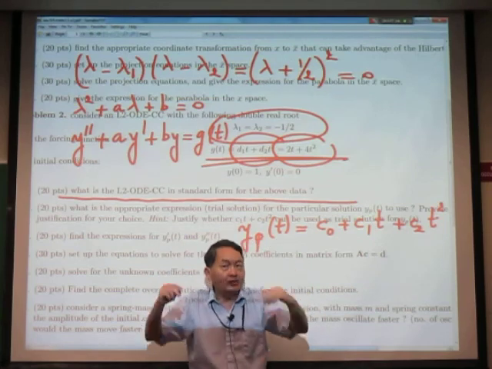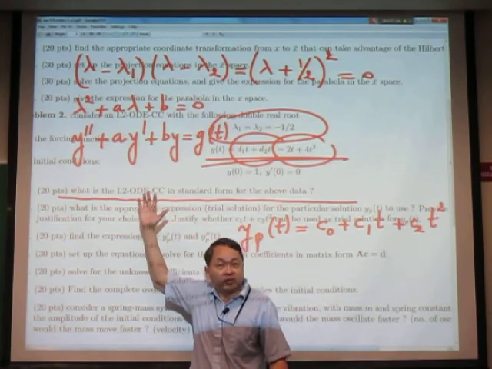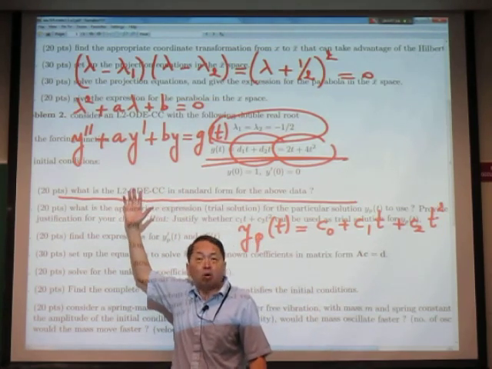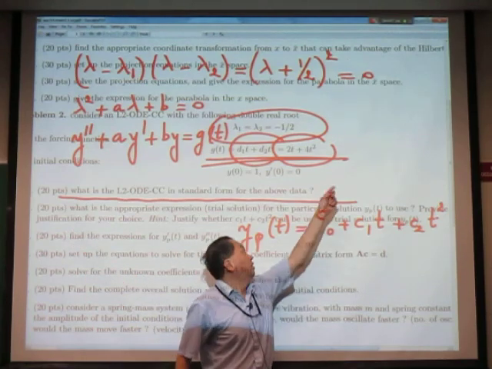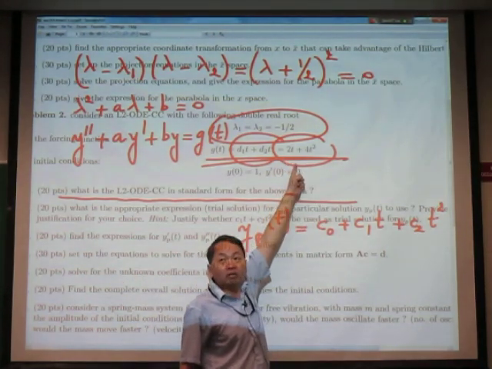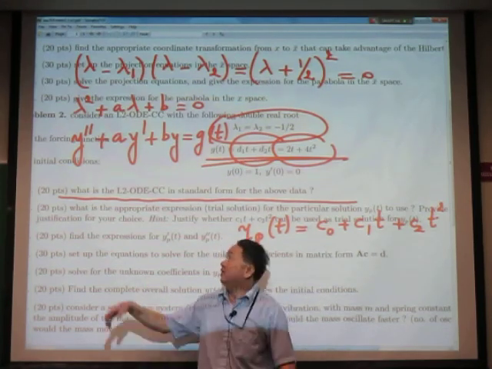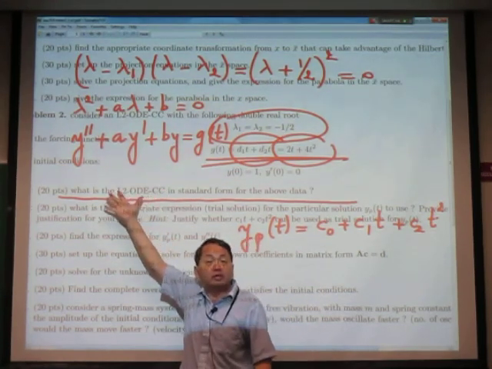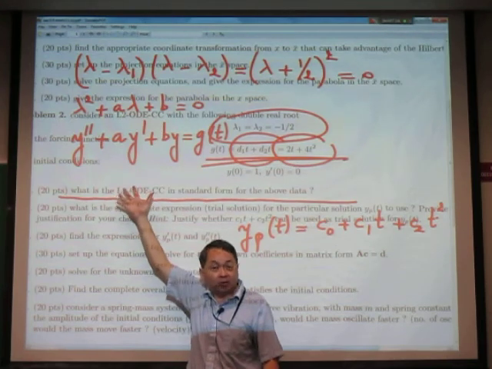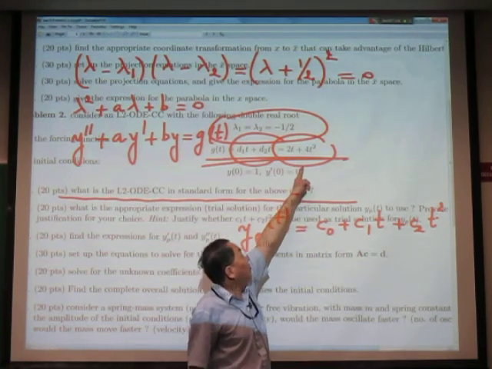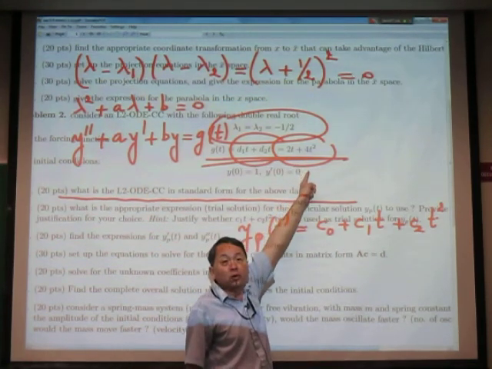You get the first equation. Then you identify the coefficient for t to the power 1 on the left-hand side with the coefficient for t to the power 1 on the right-hand side. That's 2, the second equation. The third equation is the coefficient for t to the power 2 on the left-hand side with that on the right-hand side.